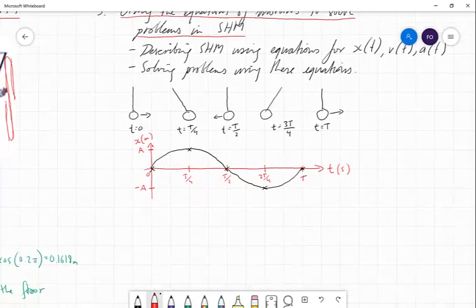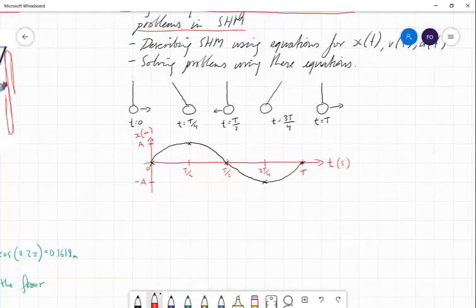Okay, this function that looks like this is called the sine function. This is a graph where x is equal to the sine of something times time. So we can figure out exactly what that is.